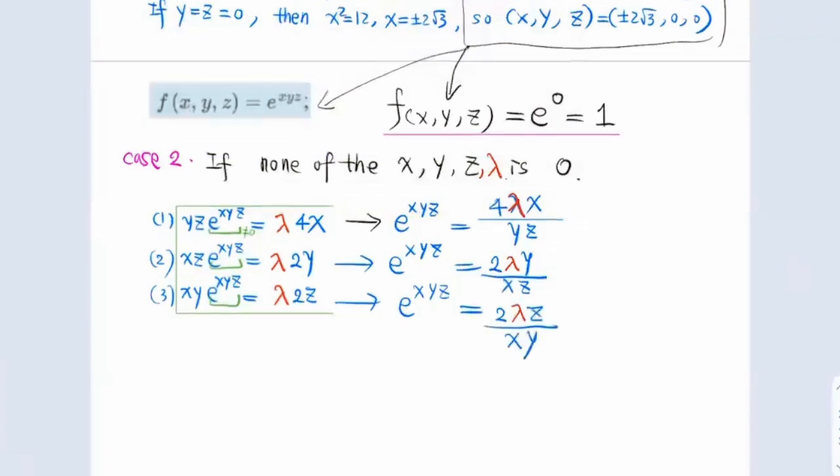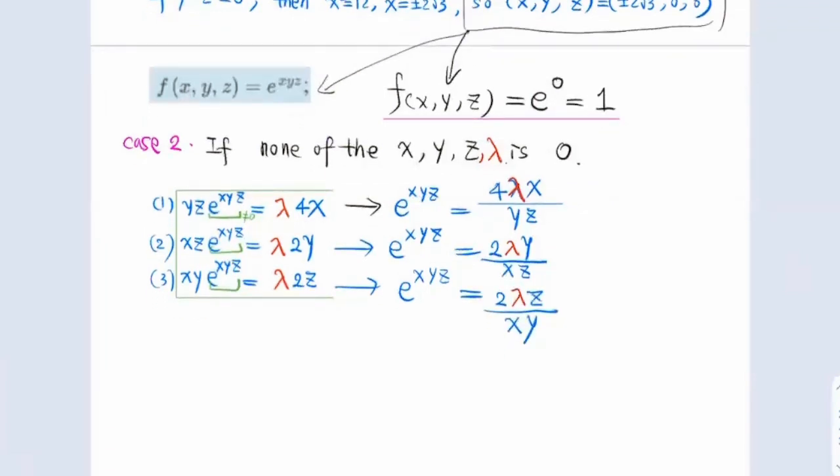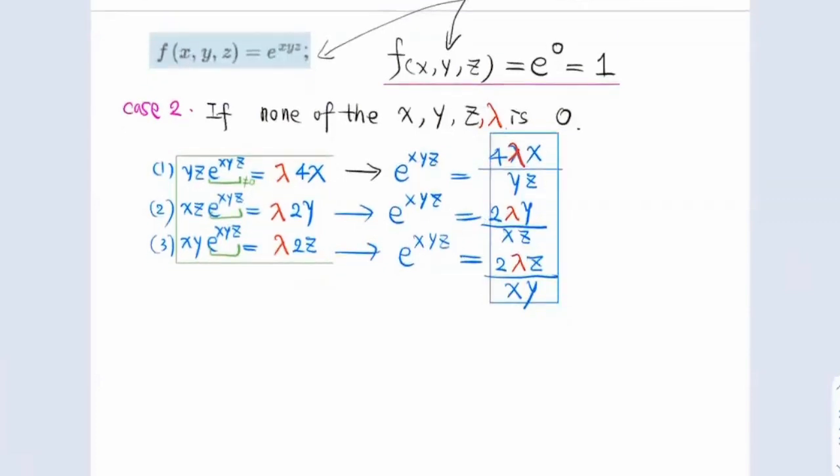And then they're all equal. Notice that this is 4, this is 2, this is 2. If you divide each one by 2, we're going to have 2 lambda x over yz equal to lambda y over xz equal to lambda z over xy.